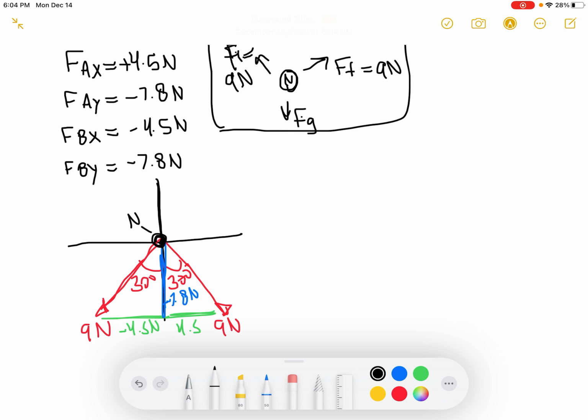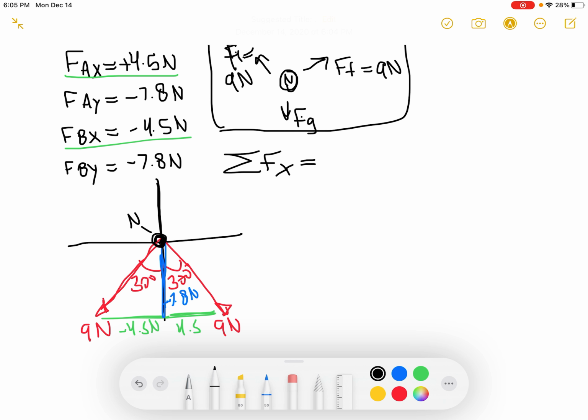So let's see. First, add the x components. Here's 1, here's 1. When you add those 2 components together, the sum of the x components, we use this Greek letter, sigma.